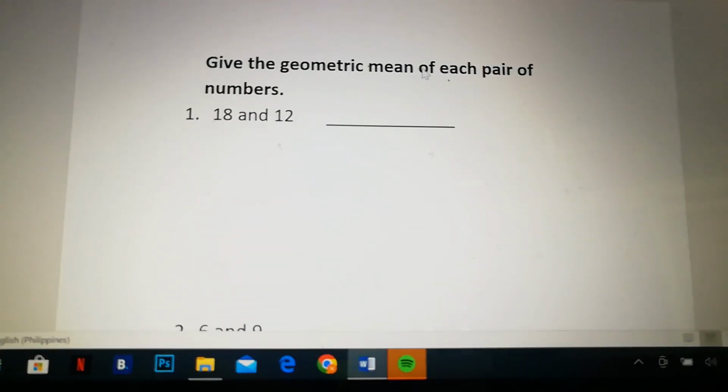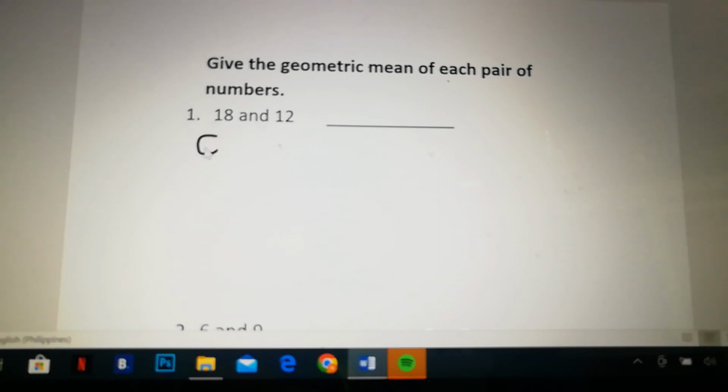Next, give the geometric mean of each pair of numbers. Okay, so the geometric mean is the square root of the product of the two numbers. So this is square root of 18 times 12.